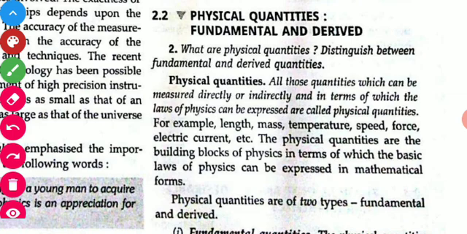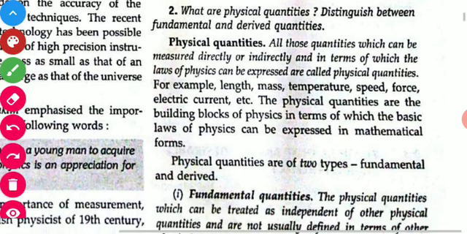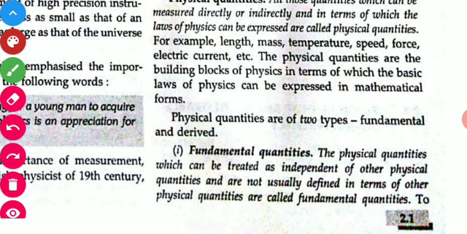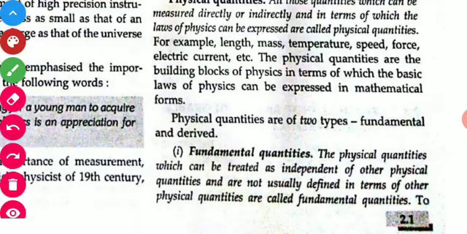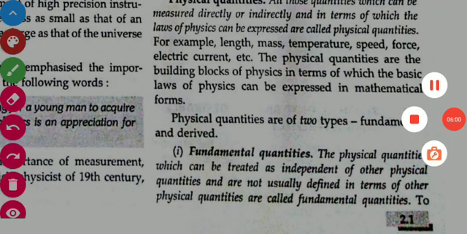For example, length, mass, temperature, speed, force, these all are physical quantities. There may be differences between them in method of measurement and units of measurement, but these all are physical quantities.